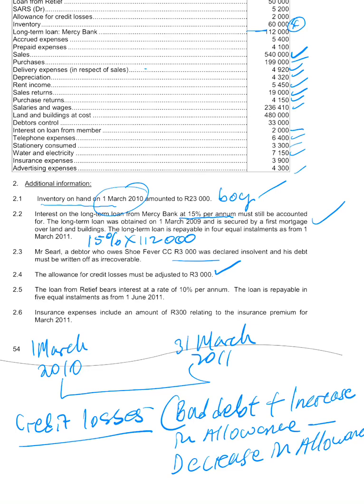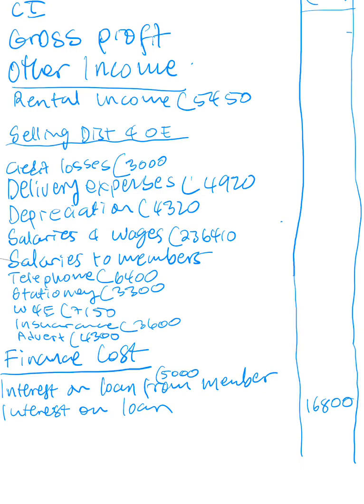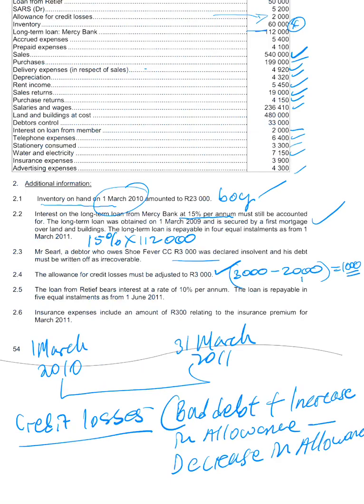The allowance for credit losses is 2,000. So it moved from 2,000 to 3,000, a difference of 1,000. So it's an increase. We add it to our credit losses, plus 1,000. That is going to give us 4,000.